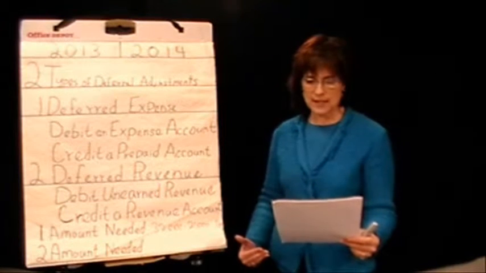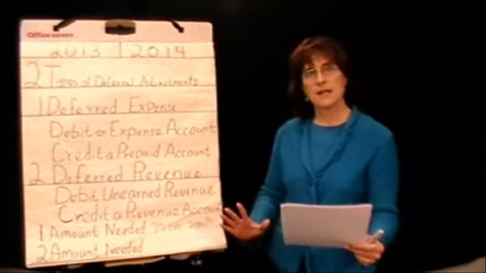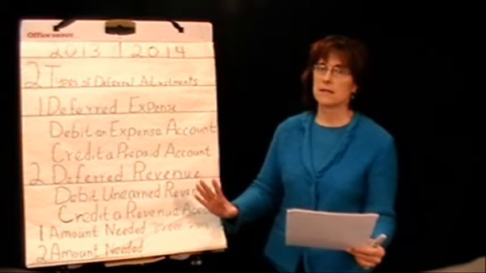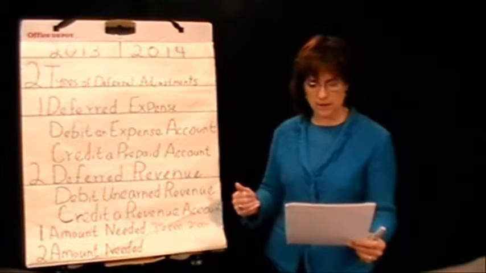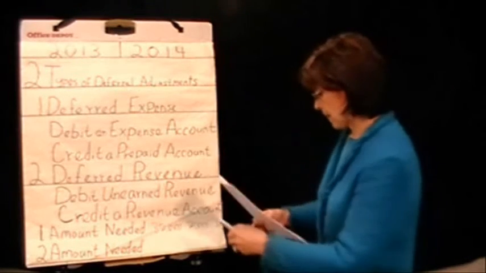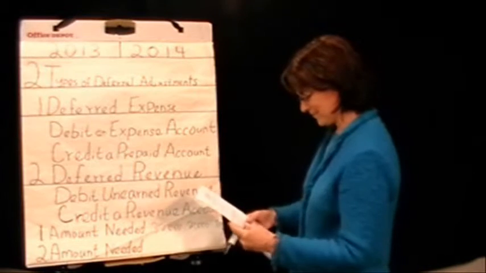But now Part A tells us the amount of unexpired insurance premiums applicable to future periods is $8,000. So what this is really saying is that's how much we need to have in our account. We have $25,000, but we should have $8,000. So we're going to take that $25,000 and subtract the $8,000.